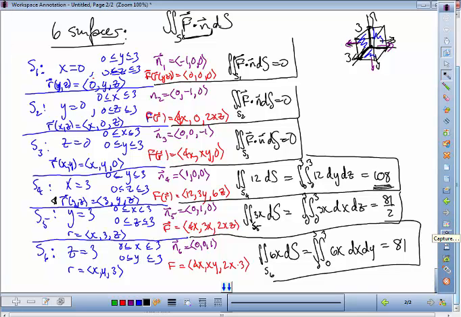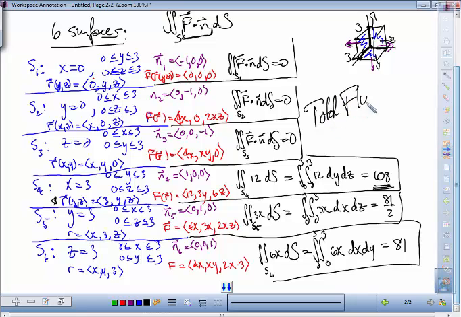Add them up. 189 plus 81 over 2. And you guys just punch that in the calculator and get an easy number.